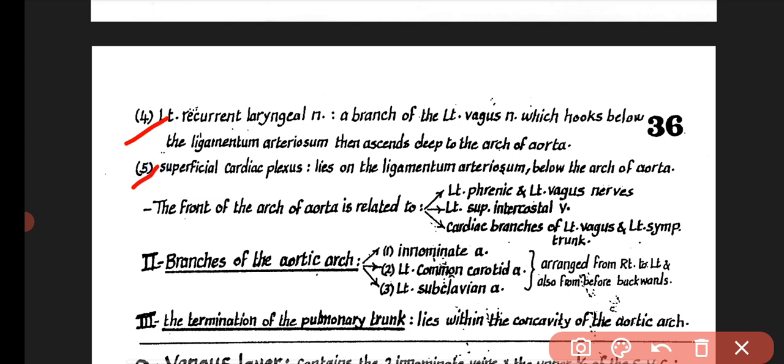You have to know these names only, because the details do not often come in the exam. You have to write the names only, what anatomical structures are there in the superior mediastinum.